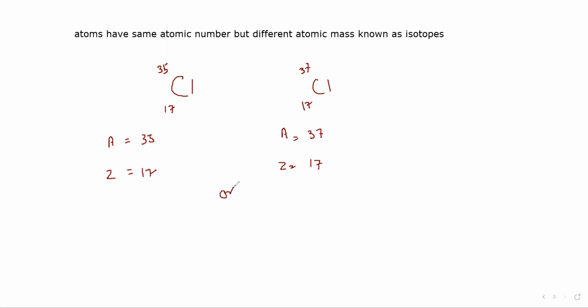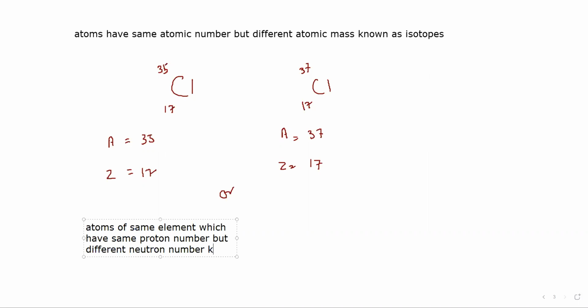There's also another definition of isotope. In terms of subatomic particles, these are atoms of the same element with the same proton number but different neutron number, known as isotopes.